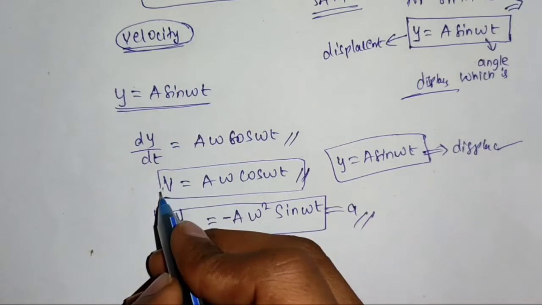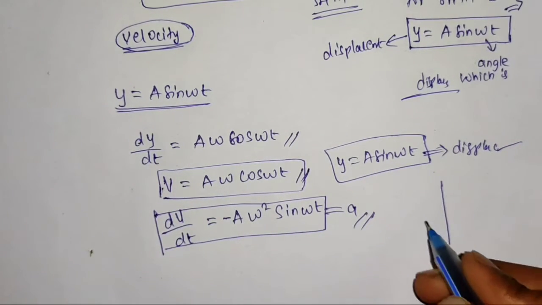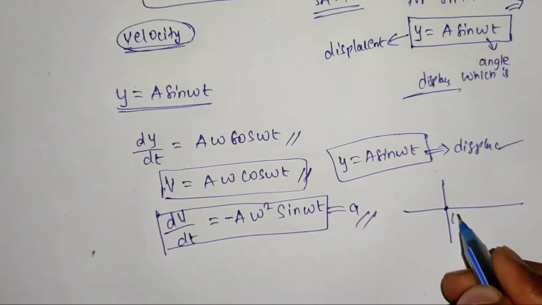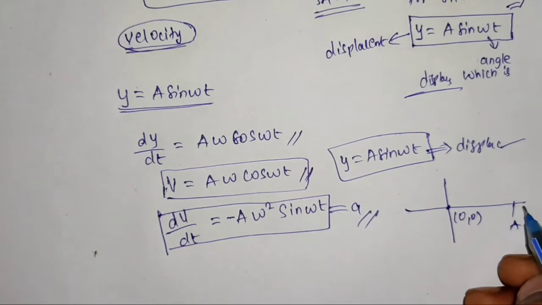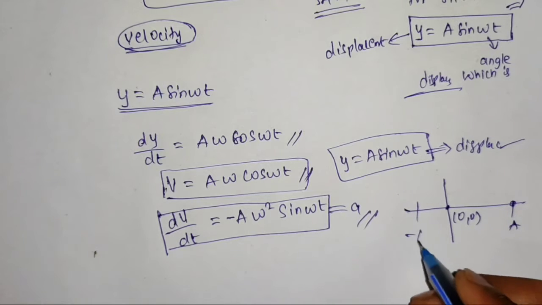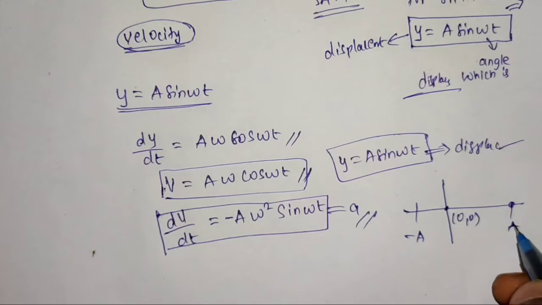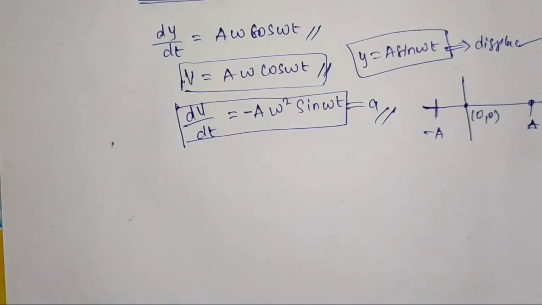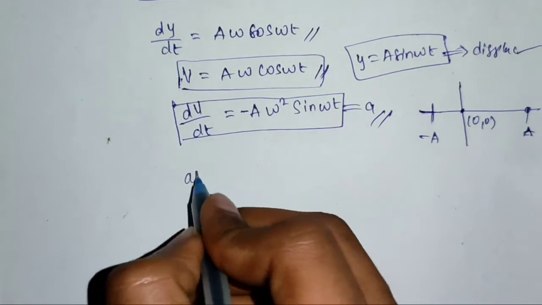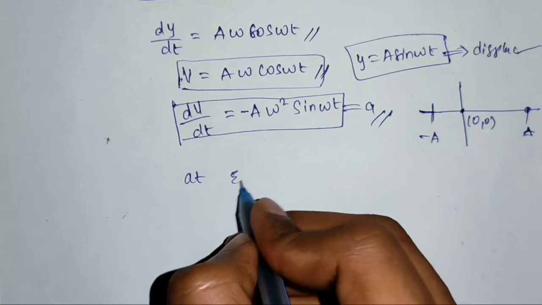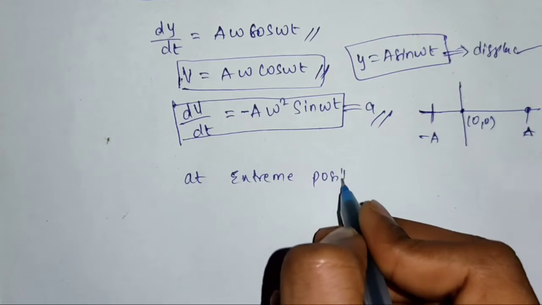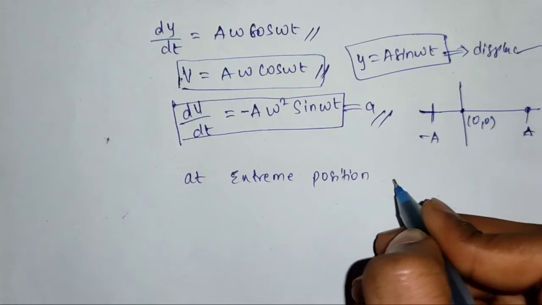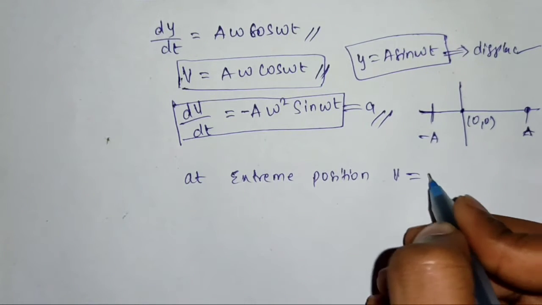And also, when the particle is executing SHM, it has its mean position and its extreme positions of amplitude A. At the extreme position, velocity is equal to 0.